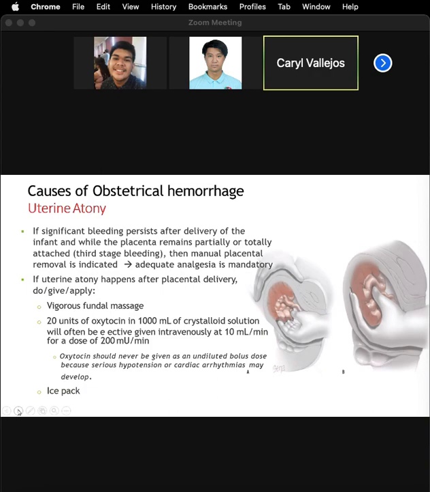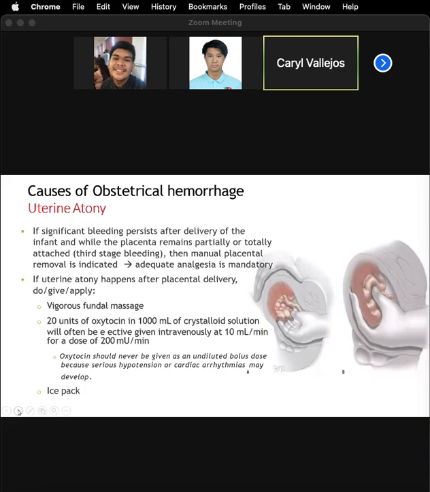If uterine atony happens after placental delivery, you may give a vigorous fundal massage. 20 units of oxytocin in 1 liter of crystalloid solution will often be effective, given intravenously at 10 ml per minute for a dose of 200 milli-IU per minute. Oxytocin should never be given as an undiluted bolus because serious hypotension or cardiac arrhythmias may develop.